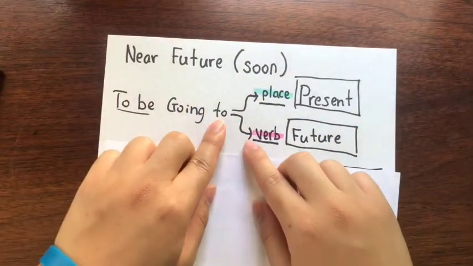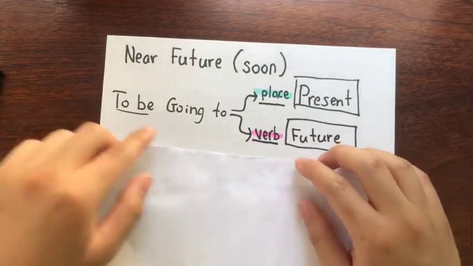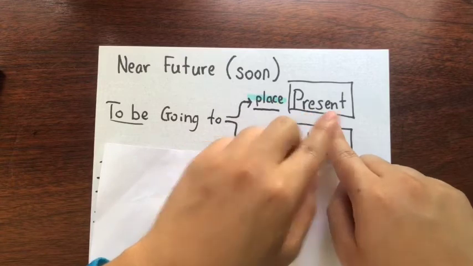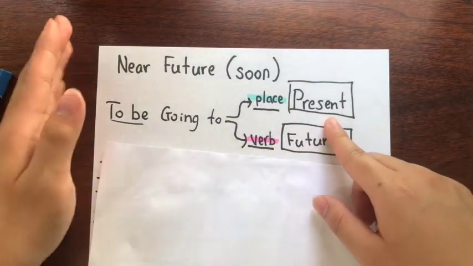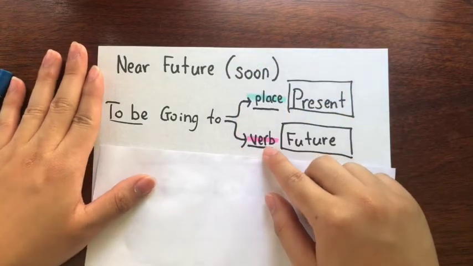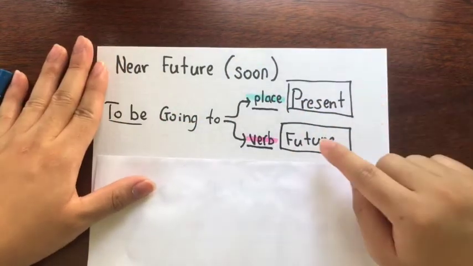Now, the word after this expression is important. If the word after this expression is a place, then the whole sentence is in the present. But if the word after this expression is a verb, an action, then the sentence is in the future.